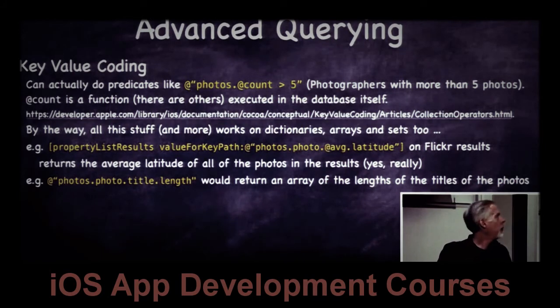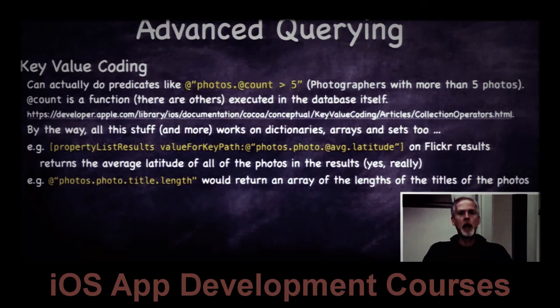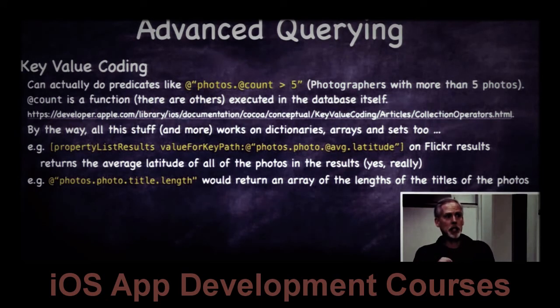Advanced querying, for time reasons, I'm going to skip this, but key value coding, which is the thing that lets you use dot notation to search down inside of a dictionary, right? It's the value for key path business. You can kind of do value for key path in the database. And we didn't talk about this, but there is a really cool thing in key value coding, which is functions. And one of the functions, which you probably will need for your homework, so pay attention, is @count.